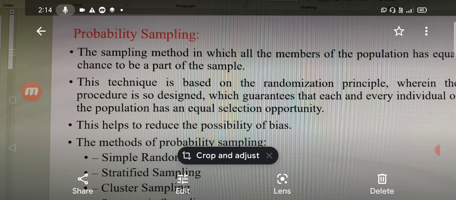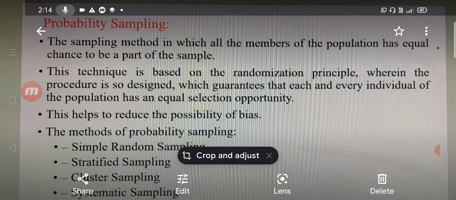The probability sampling method gives all the members of the population an equal chance to become part of that particular survey or study. Here the probability sampling tries to include all the people.